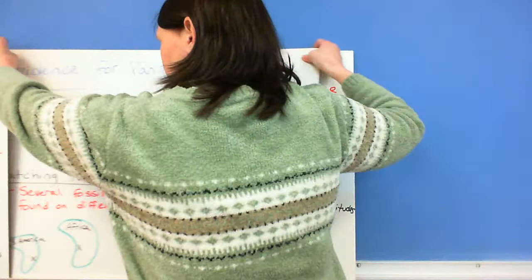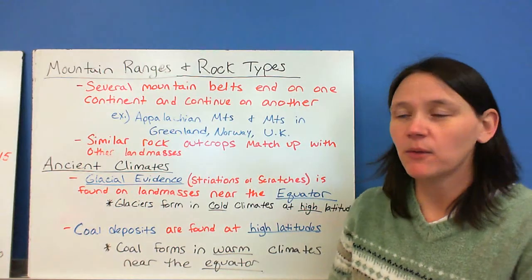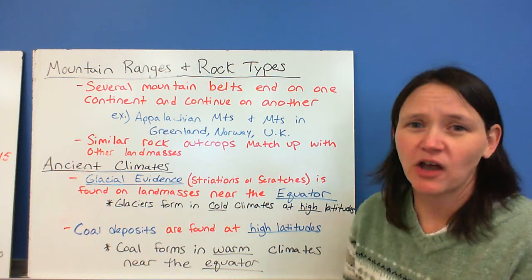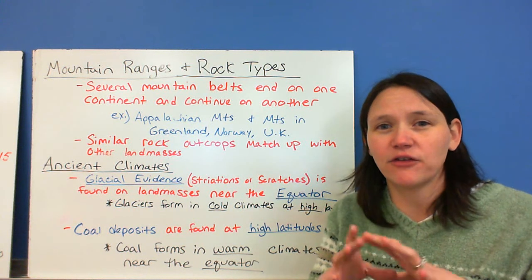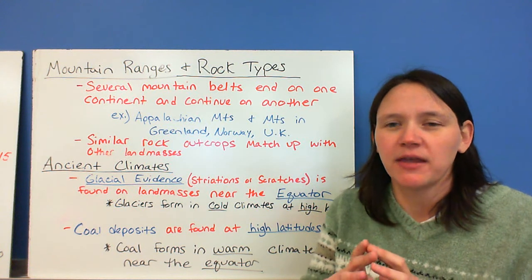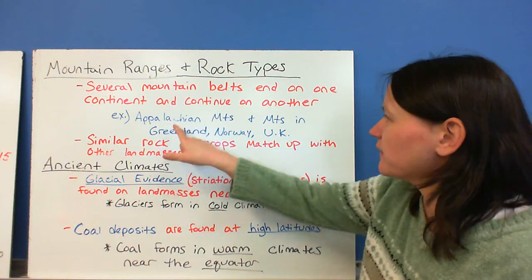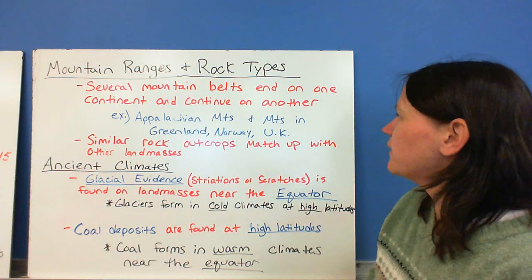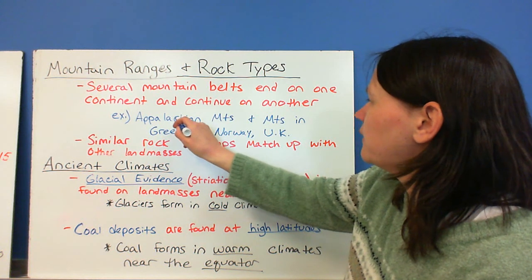Now, over time, more evidence has come about. Mountain ranges and rock types. Again, when you put all of the continents together, there are matching mountain belts that connect. One example would be the Appalachian Mountains in the eastern part of the United States.